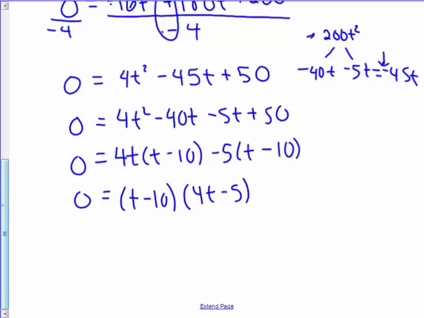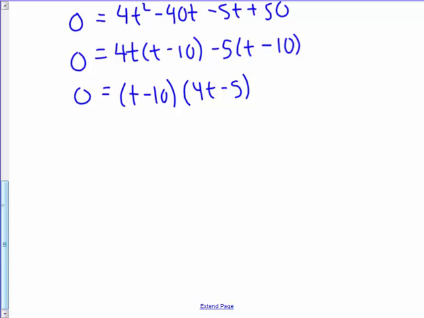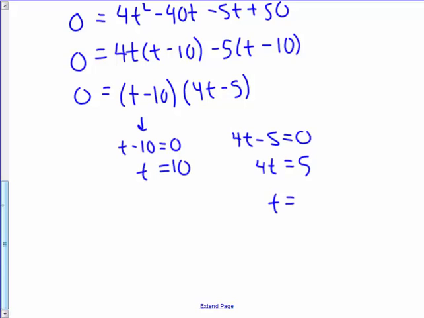I set each of them equal to 0. T minus 10 equals 0 and 4t minus 5 equals 0. So I get t is 10. I'm going to move the 5 over, so I have 4t equals 5 and t equals 5/4. So I have two answers here, 10 and 5/4.